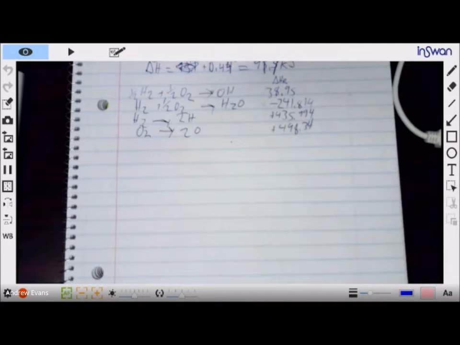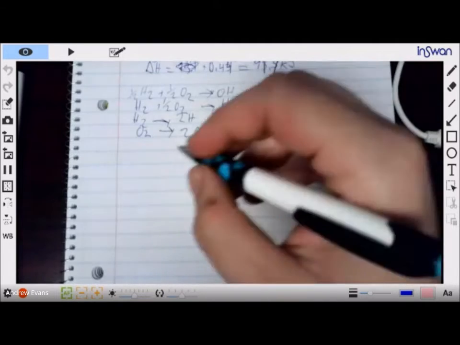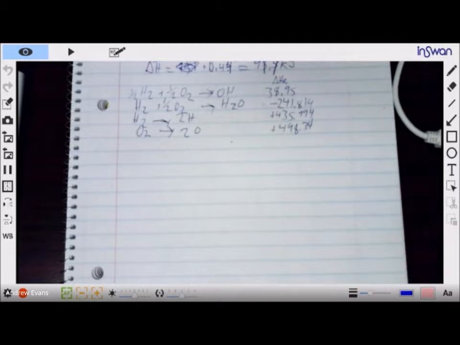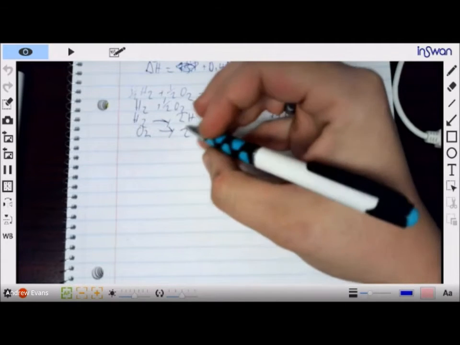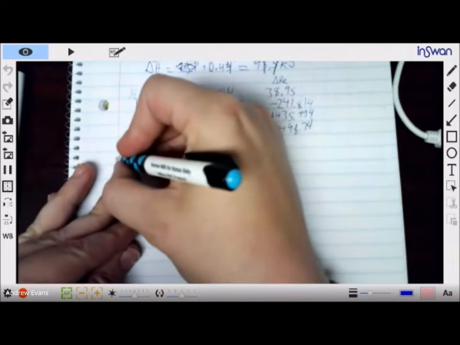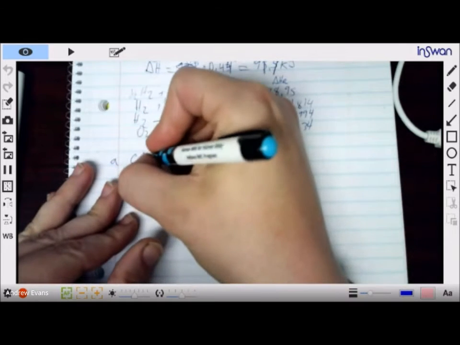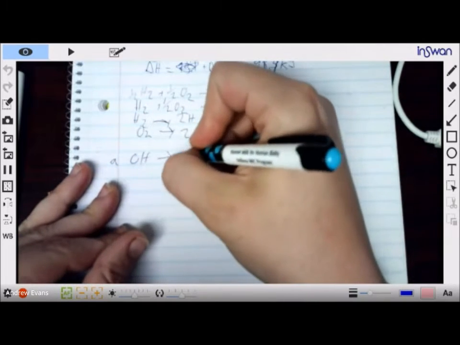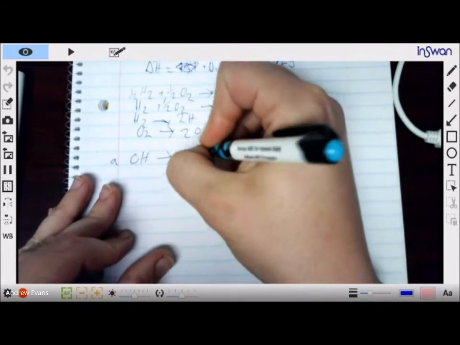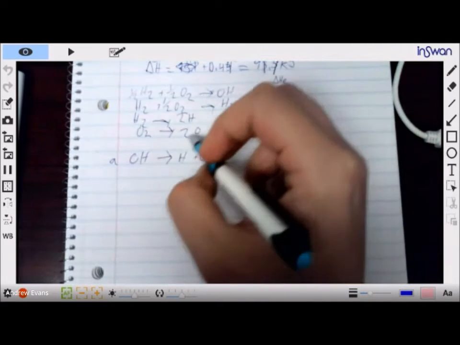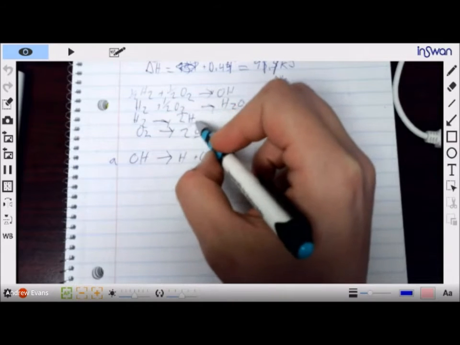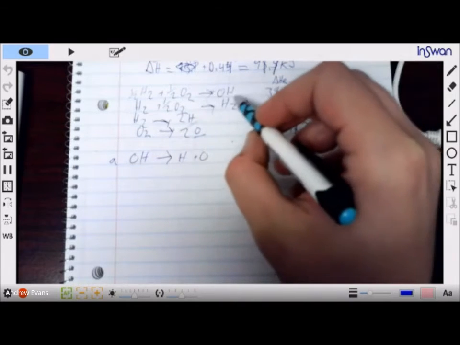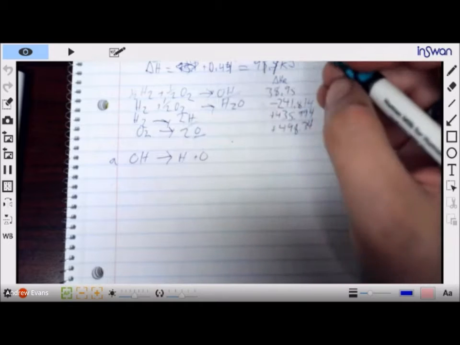Reaction 1, we want OH splits into an H and an O.